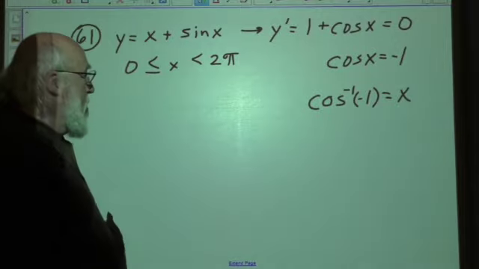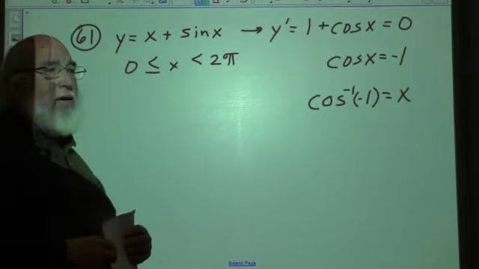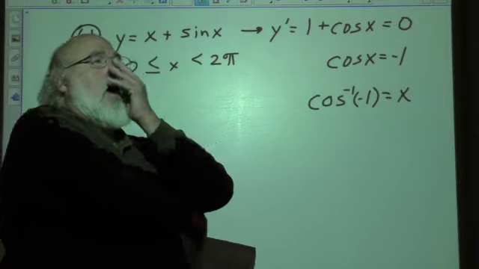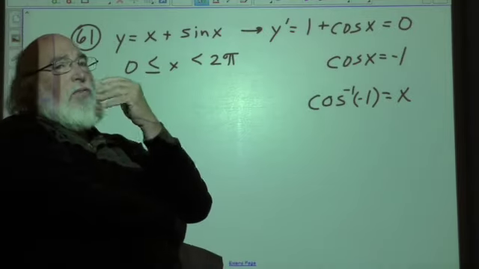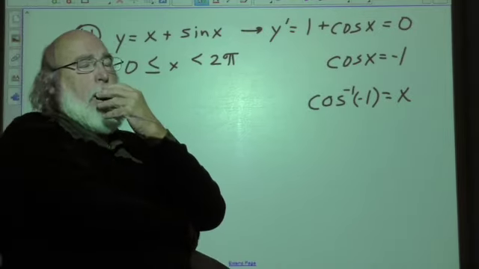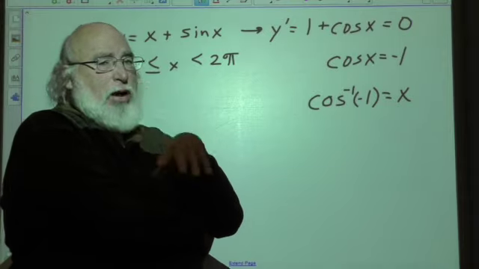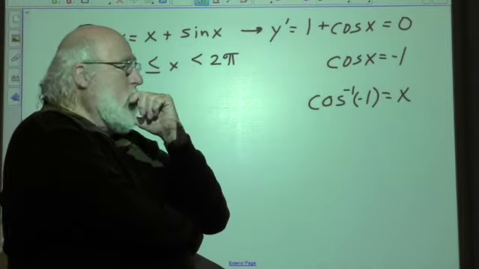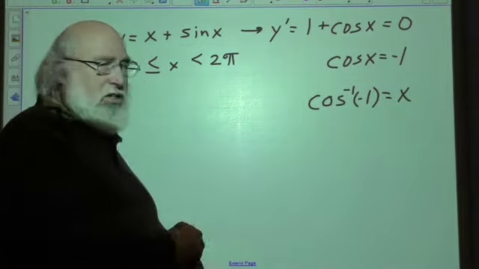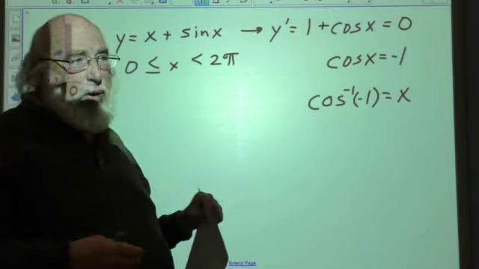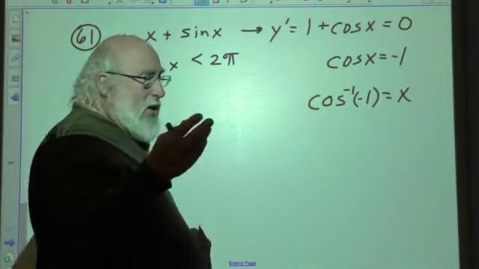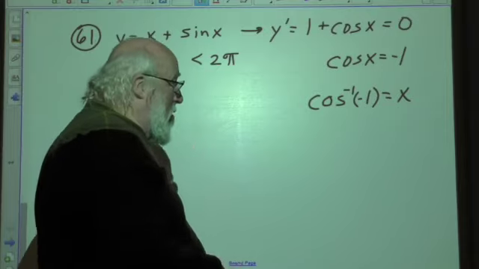And if you do that, you're going to need to have this in radian form. So make sure your calculator is in radian form when you do this. This is calculus, so we tend to go with more radians than degrees, although I kind of go back and forth. I like the degree part of everything.